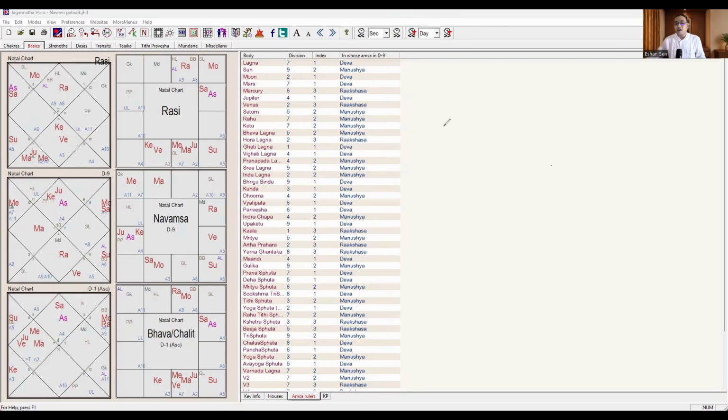What we generally say is, if a planet is exalted in D1 but debilitated in D9, this is bad. But what about your 6th house, 8th house, or 12th house lord or planet that is debilitated in D9? That's good. That's a Raj Yoga.